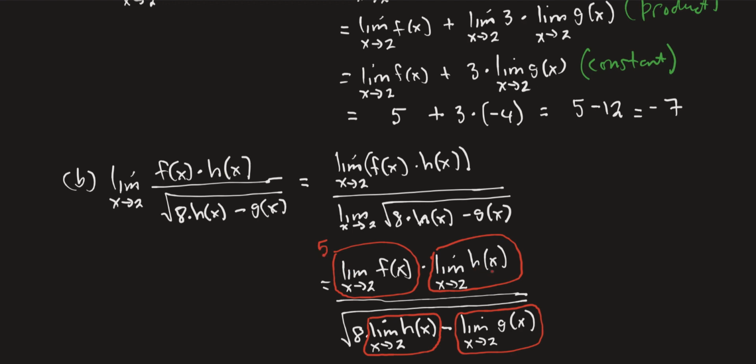H of x by itself, now that one we didn't do, but that was the 1/2. And same thing here, 1/2. And we know that g of x approaches -4.